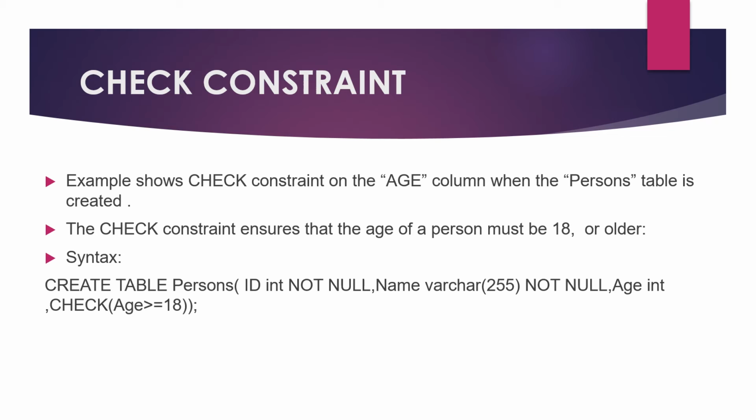Then the second attribute is name, varchar is the data type, and the not null constraint is used. Then age is the third attribute of the person table, int is the data type of the age attribute, and there is a check constraint. The check constraint condition is given: age greater than or equal to 18.